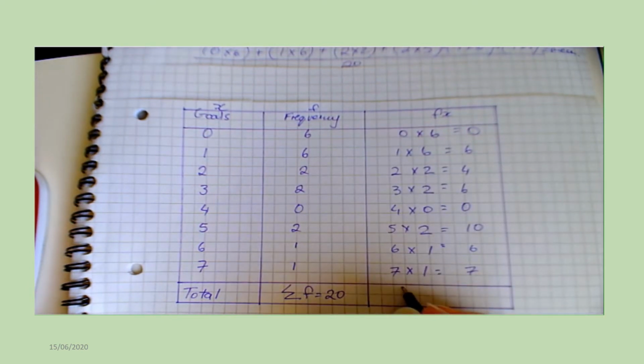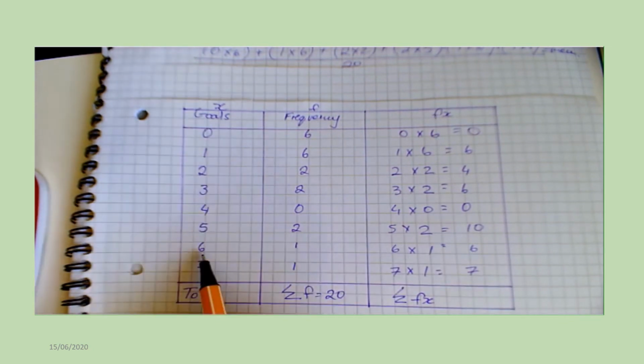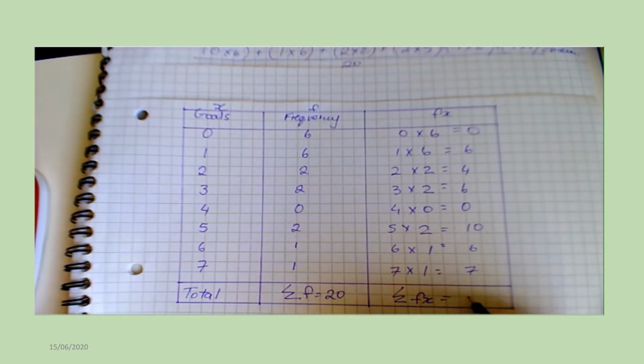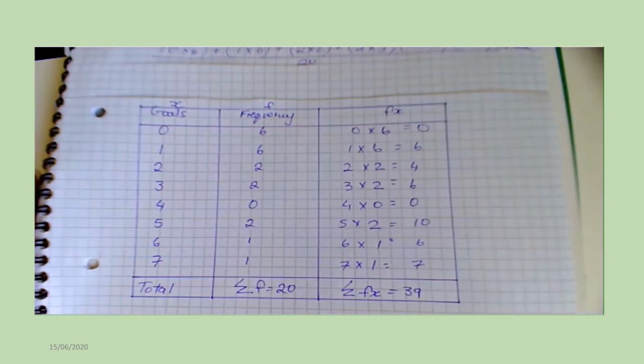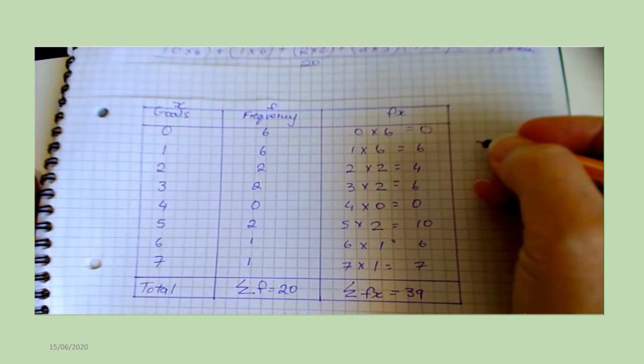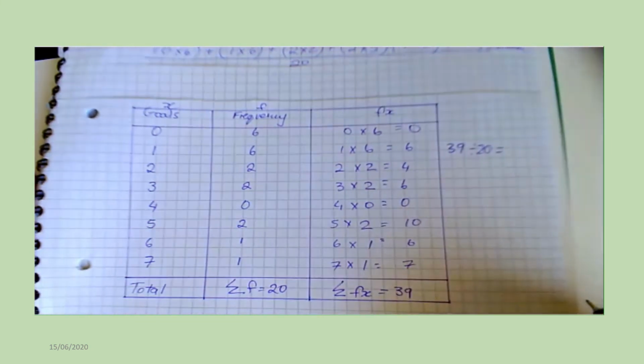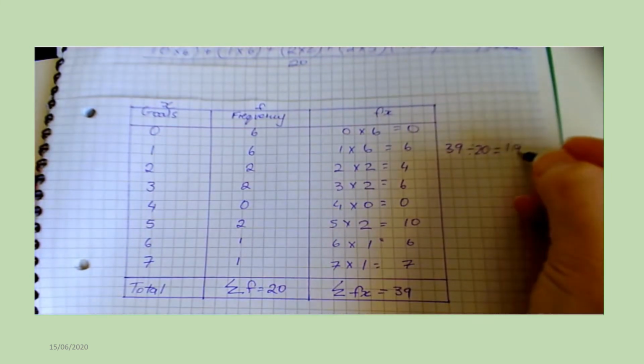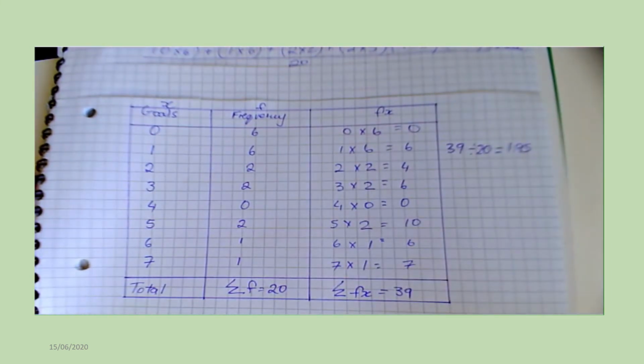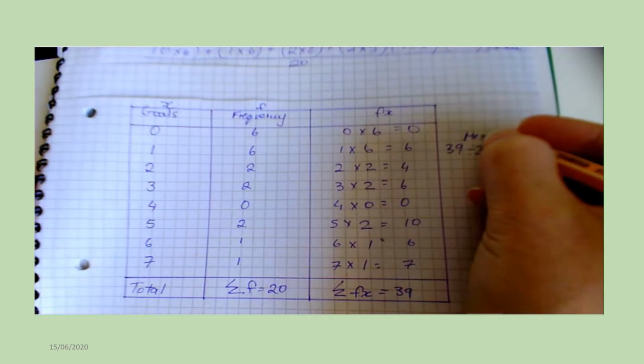Here we would have the sum of fx, so this is the sum of our frequency multiplied by our goals, and adding that up, it would be 39. So we can say, to work it out, 39 divided by 20, and that is going to be equal to 1.95. So that is our mean.